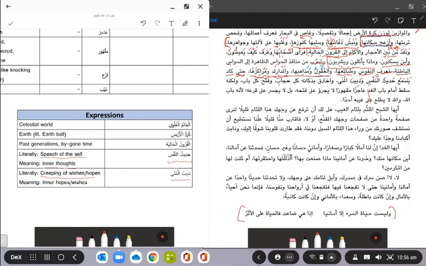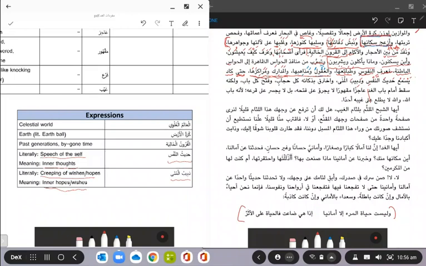Muna, we came across it before. Umniya is another word for wish. So it's the creeping of wishes or hopes. Meaning, so that's the literal meaning, but the meaning is inner hopes and wishes. So the human being, hatta kada, even he was almost about to hear the inner thoughts and inner wishes of the human beings.